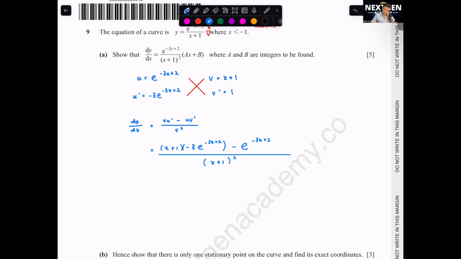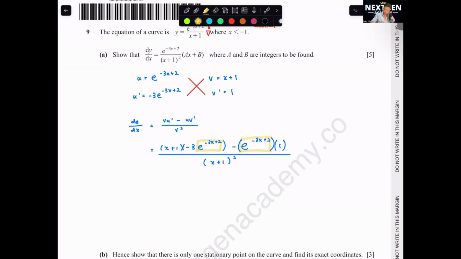Look at the form that they want you to present it. Maybe we put the 1 to see it clearer. They want you to factorize out negative e to the power of -3x plus 2, which both terms here have, and then (x plus 1) squared will be at the bottom. So we don't need to touch the bottom. We just need to factorize out the top here.